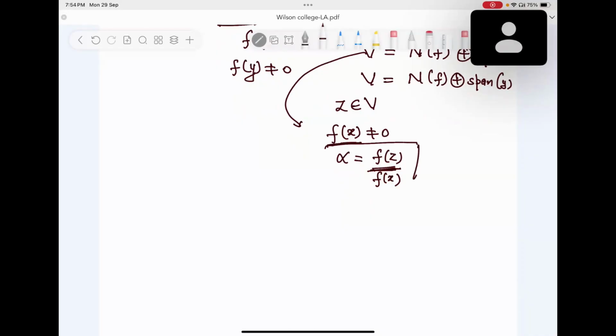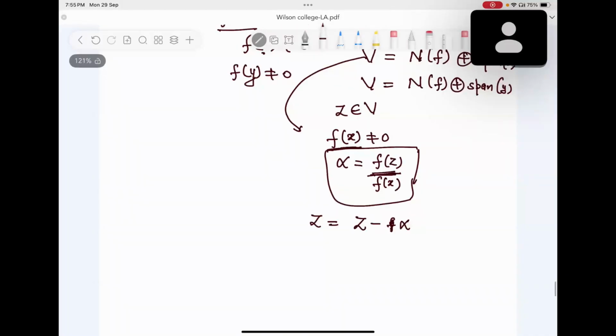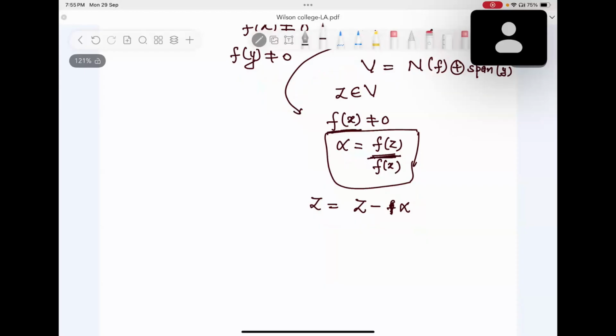Now this alpha is a scalar. Now can't you write your z as z minus alpha x plus alpha x?